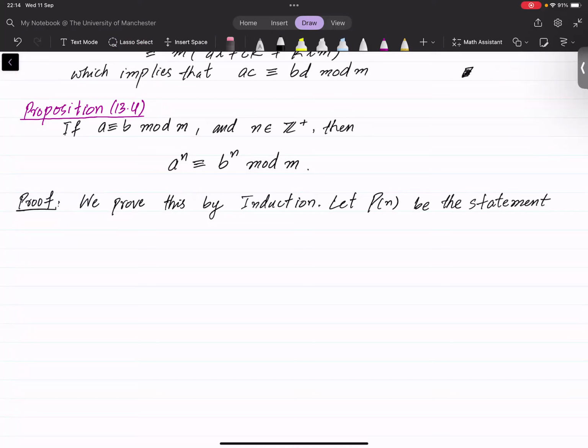Then P of 1 is obviously true from the statement.